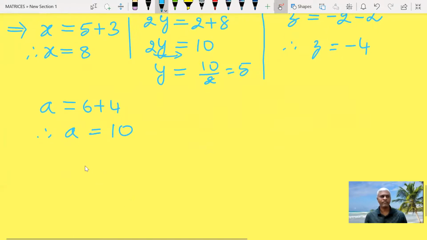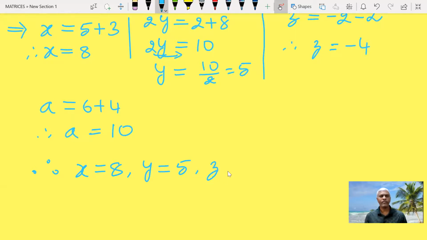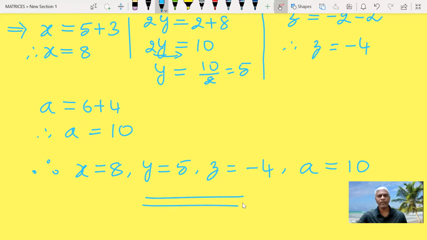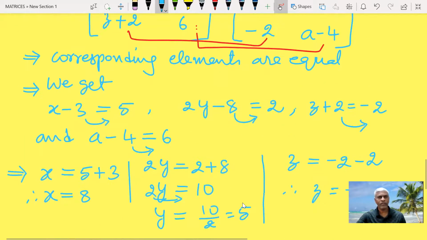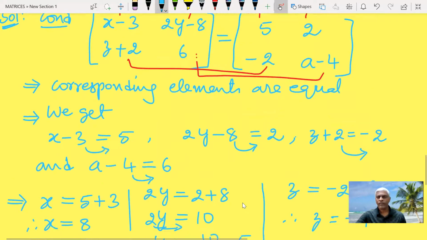So we get all the values. x is equal to 8, y is equal to 5, z is equal to minus 4, a is equal to 10. So in this also we make use of equality of two matrices.